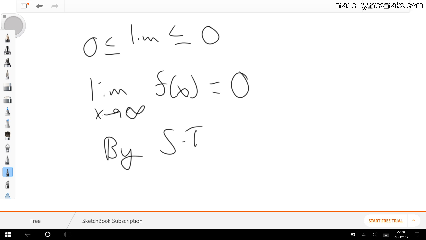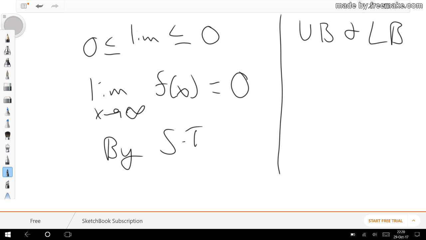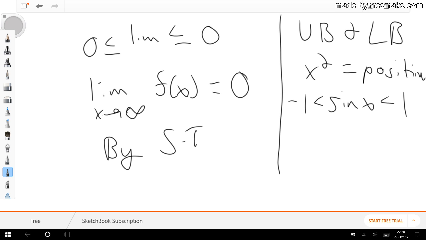Again, your hardest part is going to be finding your upper bound and lower bound. Always look for things that you know are going to be true, such as something squared is always positive. And also that sine or cosine is going to be -1 to 1.